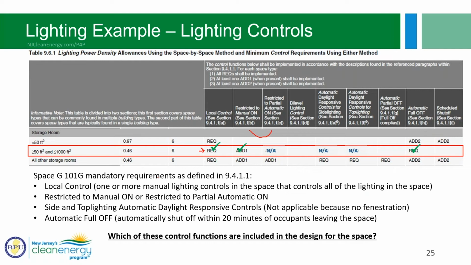So those are both NA. And then lastly, automatic full off is required. And this check came in a little quick, but you can see that because our fixtures turn off after a set amount of time, which per 90.1 should be at 20 minutes, that requirement is met. So this tells us which of these are applicable to the project. And so next we're going to go into how to capture this in the compliance form.